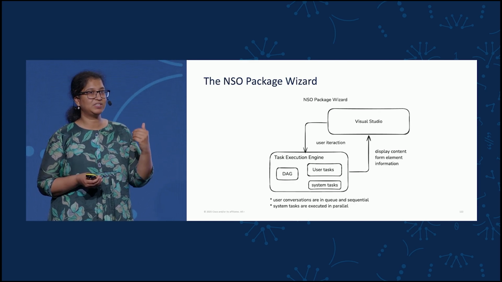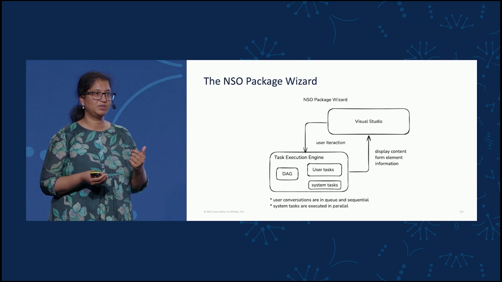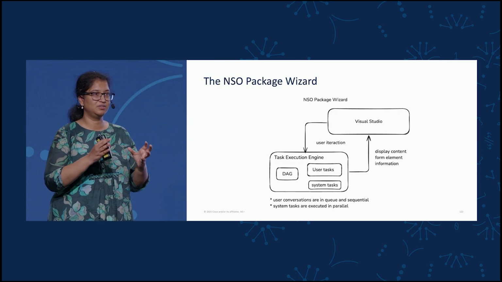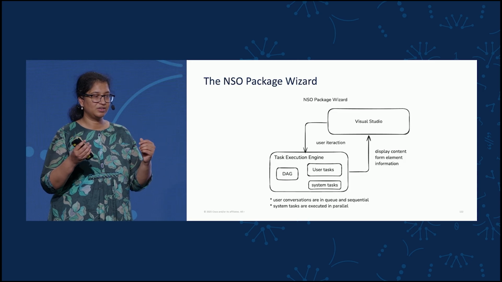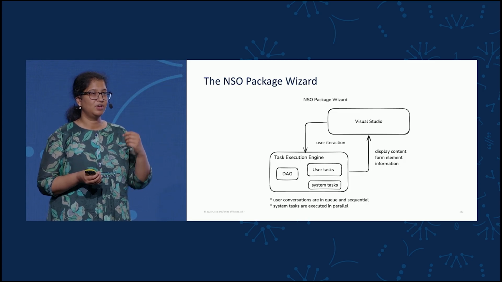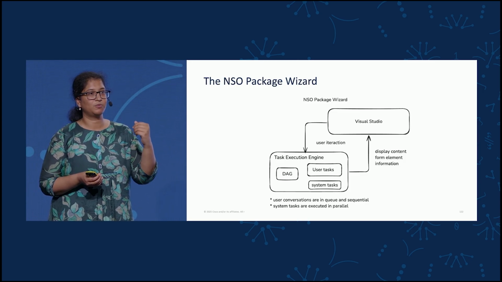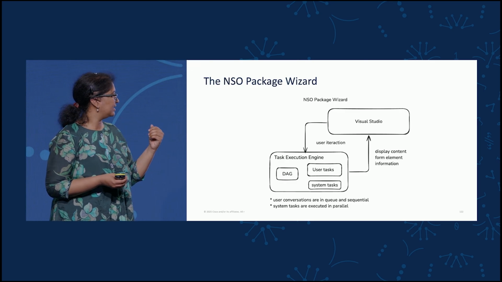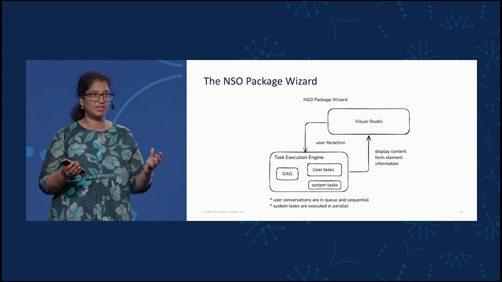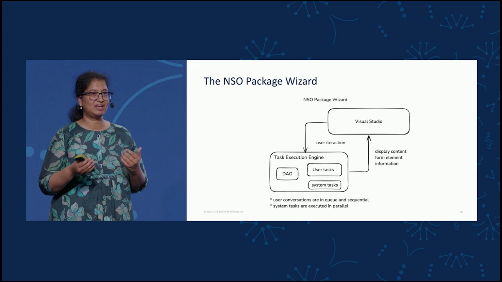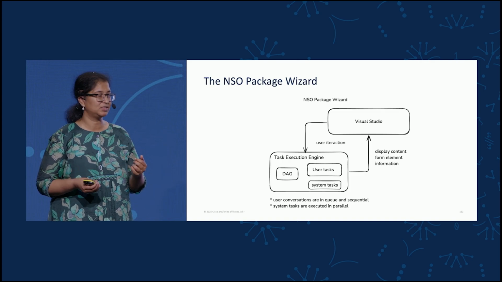And these are sequential in execution. We chose them to be sequential because we do not want to bombard the user with a lot of input, so this way they can focus on one task at a time. And then you have your system tasks, which can be executed in parallel. These can be LLM calls or your regular method calls.